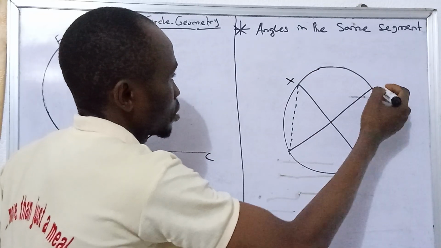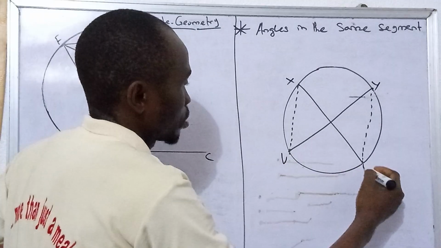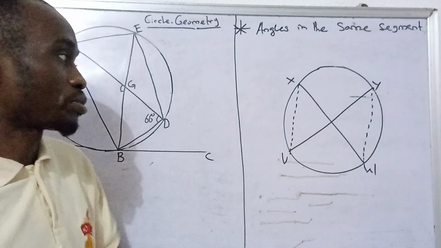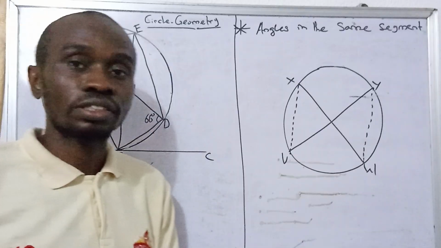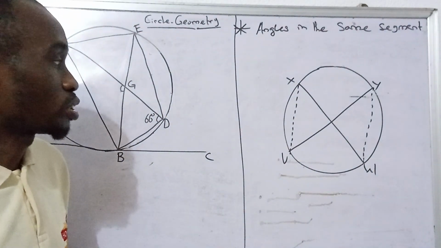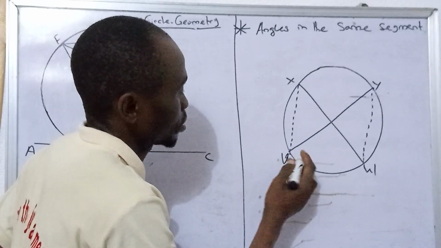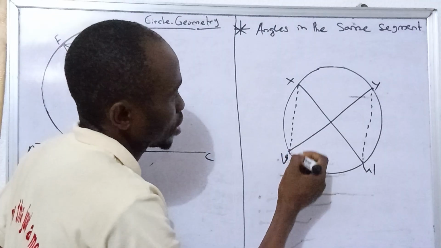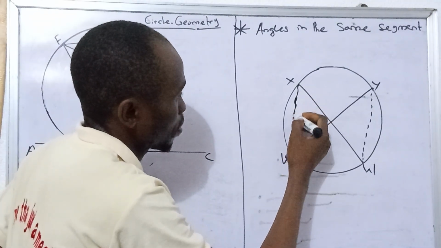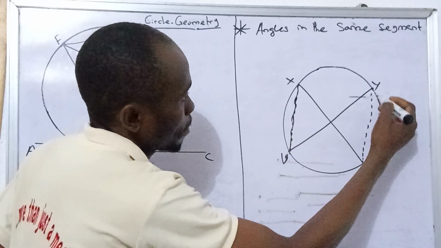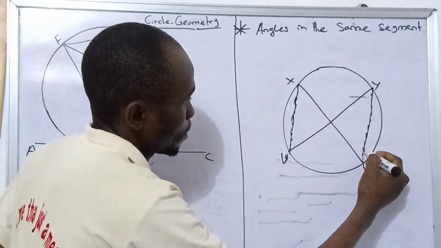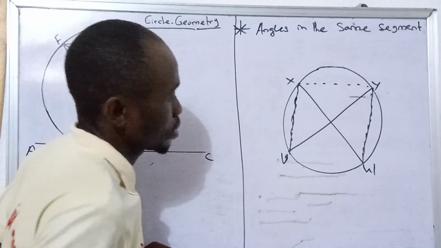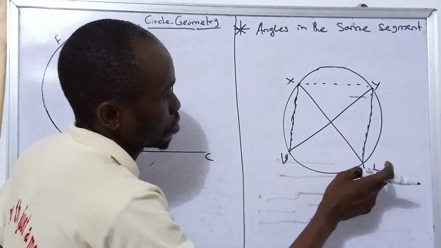And let's call this angle X, let's call this angle Y, V, and let's call this W. Since you have gotten your X, and you have your lines joining the two tips of the X on the circumference, let's take for instance V. Angle V is having the same base at X, Y with angle W.